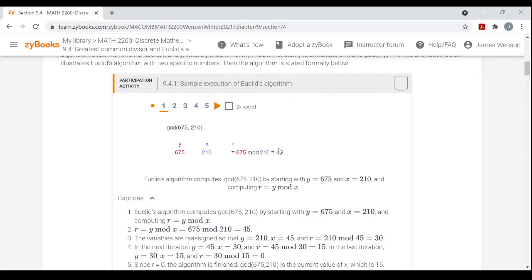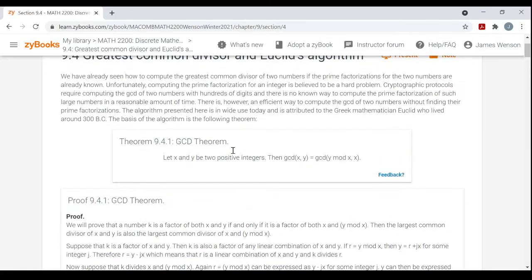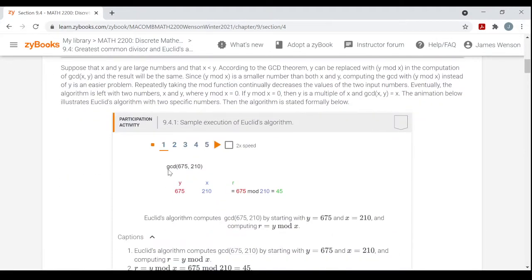Alright, so now according to that greatest common divisor theorem, the greatest common divisor of 675 and 210 will be equivalent to the greatest common divisor of 210 and 45, right? I'm replacing the larger number by this remainder when I divide by the smaller number.